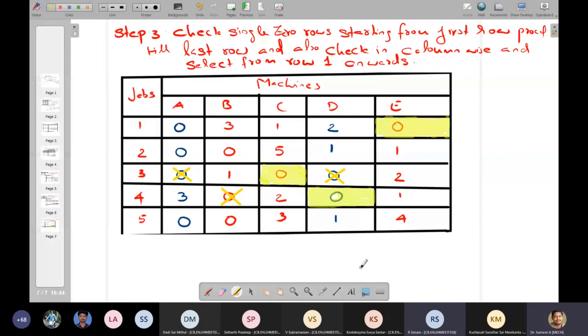Row 3. See, when I look at machine C, the lowest cost which can be assigned at machine C is for job number 3. That is how I am selecting it.